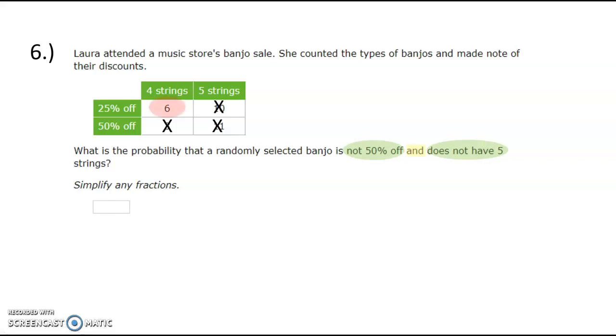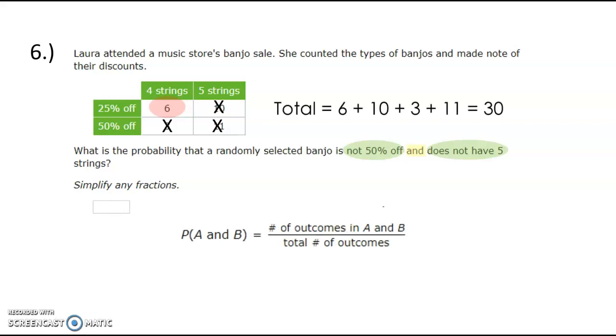What we're left with is an outcome of 6, and my total number of outcomes is 6 plus 10 plus 3 plus 11, which is 30. Therefore, the probability of this event occurring is 6 out of 30, which reduces down to 1/5.